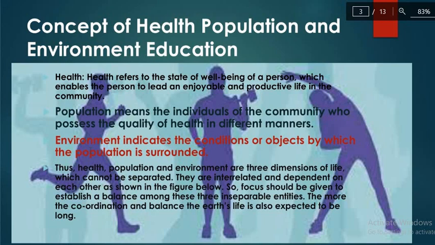The more the coordination and the balance, the earth's life is also expected to be long. It means when there is a good combination and coordination between health, population, and environment, not only the life of the population but also the life of the earth is supposed to be long.